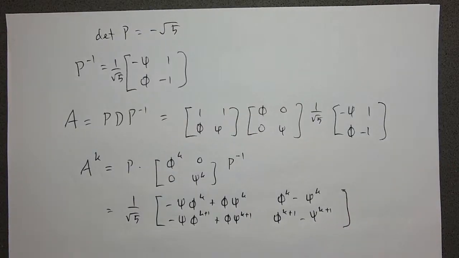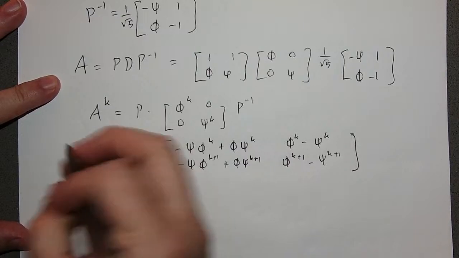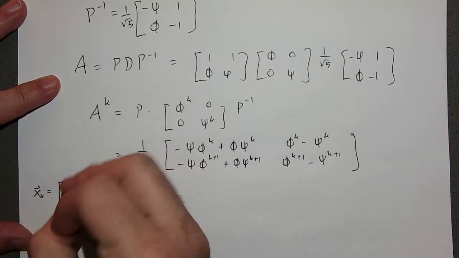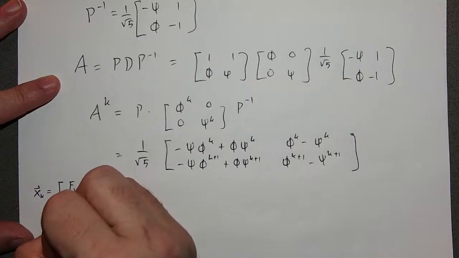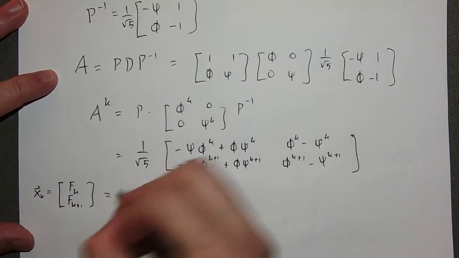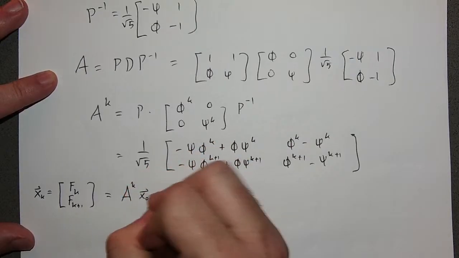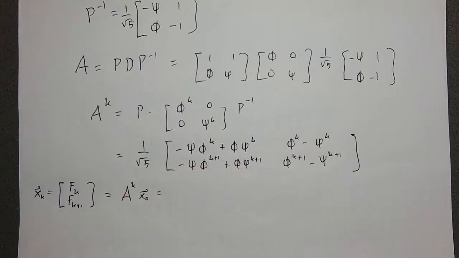Okay, so our solution x sub k, which tracks the Fibonacci pair f sub k, f sub k plus 1, I find as A to the k times x naught, which is this matrix times our initial vector of 0, 1.